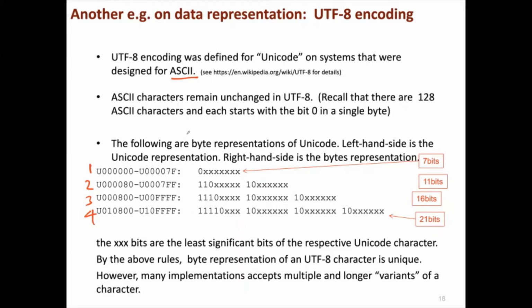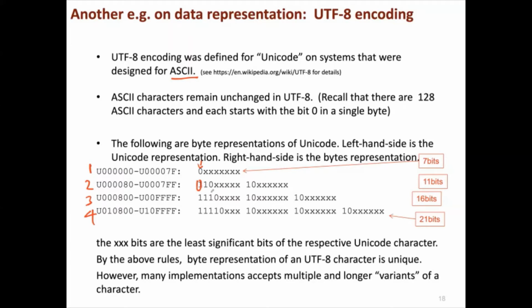If the first bit is 0, it will be treated as an ASCII character. If it is the 2-byte form, we take these two bytes, concatenate them together, and interpret the result, and so on.